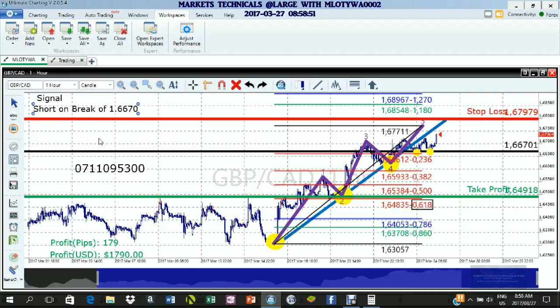Short on the break of 1.6670, and you shall make around that much. It's not exact, it's approximated.